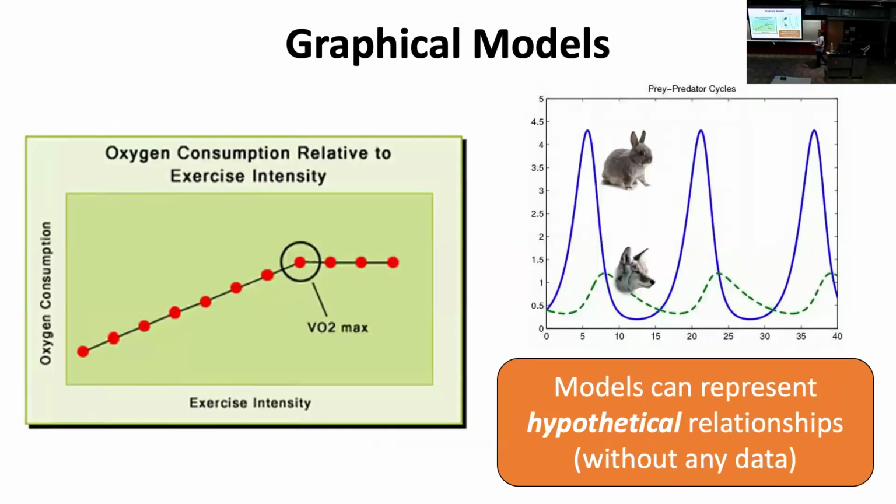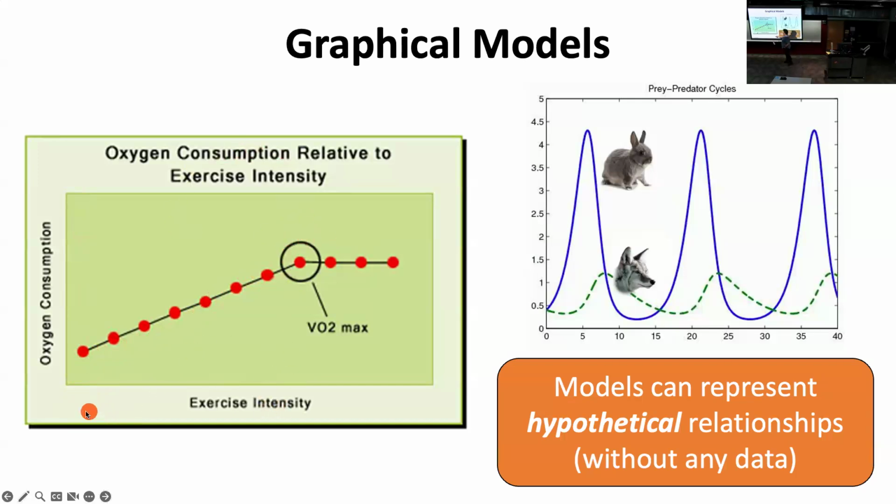All right, and then graphical models, a kind of similar idea here. I like this one because it's the idea that if you were doing an exercise experiment on someone, there's this theory of oxygen consumption: basically, at what point does your body start going into anaerobic metabolism?